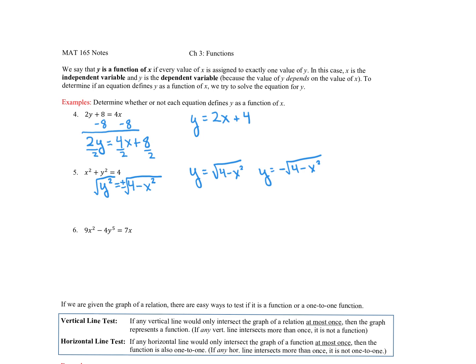In this case, y is not a function of x because we have some instances where the same x value can produce two different y values.